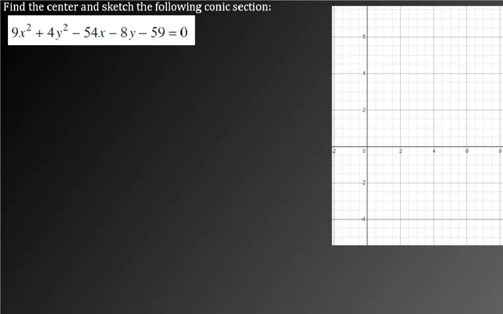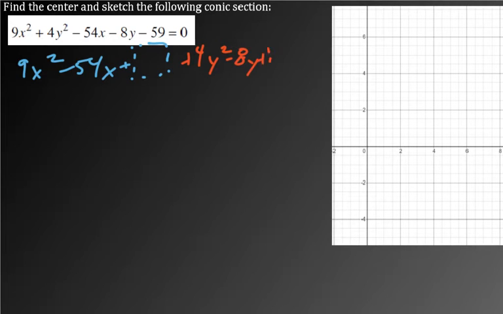We want to group these X things together and add something there. We'll leave it blank for now. And then we have these Y things, 4y squared minus 8y, and again we're going to add something there, and then this has to equal 59 if you move the minus 59 over.